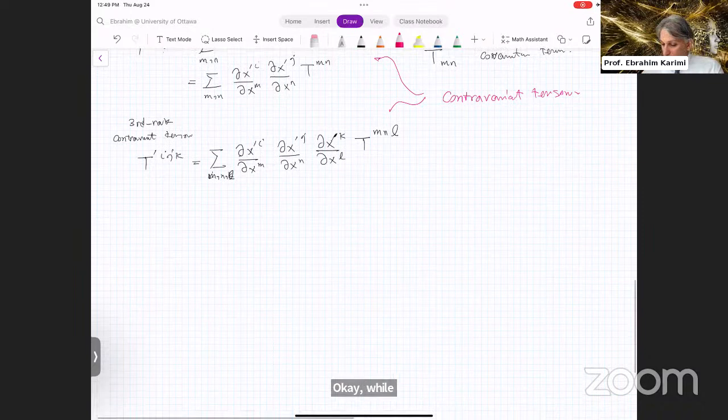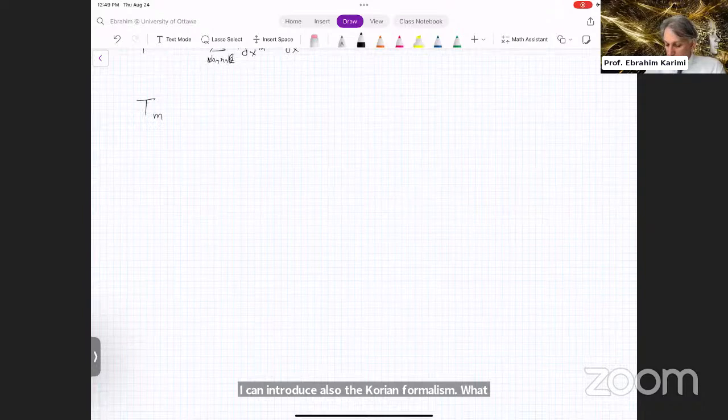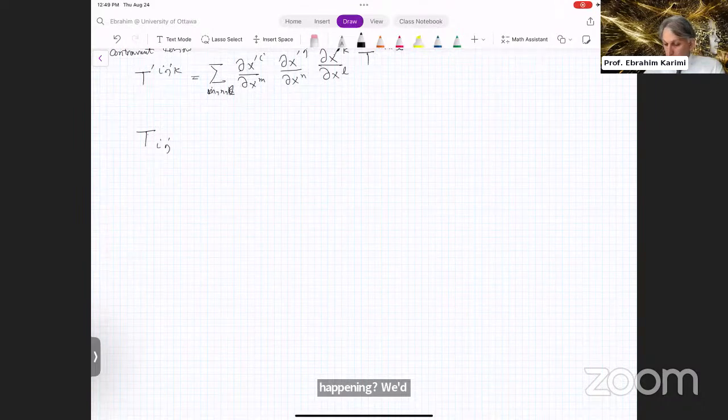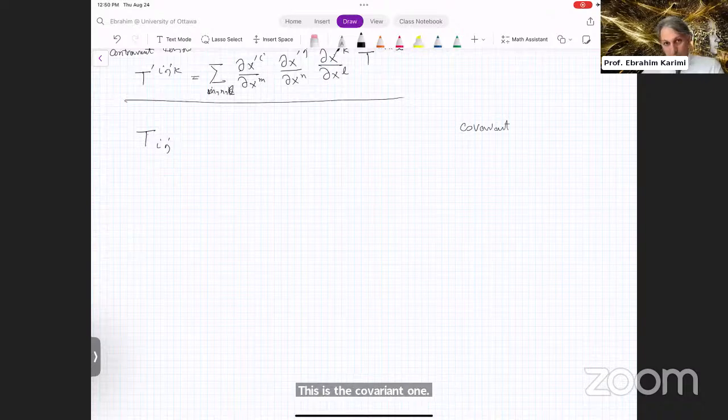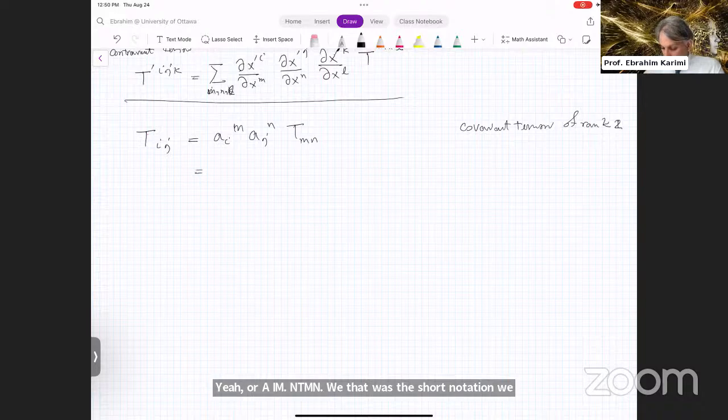I can also introduce the covariant formalism. What is happening with, let's say, T_ij? This is the covariant one, a covariant tensor of rank 2, for example. So T_ij is given by a_im a_jn T_mn, which was the short notation with the Einstein convention.